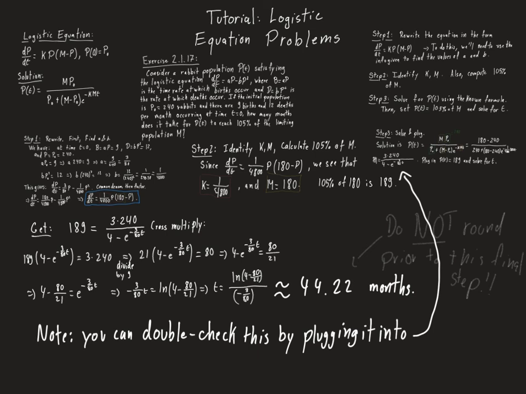You approximate that 80 over 21, or round that natural log of 4 minus 80 over 21, or something of that sort. And you try to plug that value into the computer system for the homework. It's probable that you'll be off by a decimal or two. And if you're off by just a little bit, the computer is going to mark you as wrong, even though your work most likely was pretty much correct until then. So just from a practical perspective, not rounding until the very end means that you probably won't get marked wrong unnecessarily by the computer system.